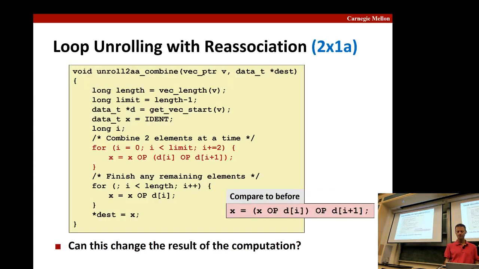So the trick here is to associate it the other way. Now I can start to compute this value without having to wait. Here I had this operation dependent on waiting for this to finish. Here I can do this operation first and then accumulate the result.